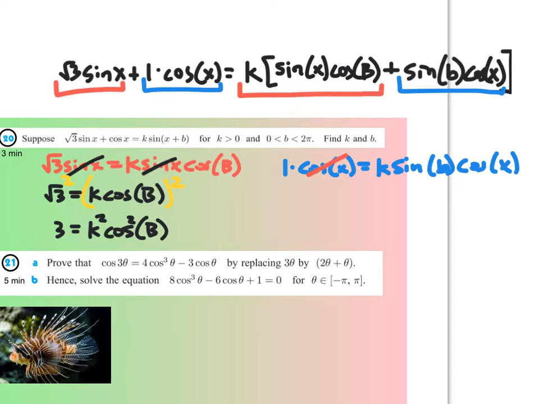So again, cosine x's will cancel. So I get 1 equals k sine of b. I square both sides, and I get 1 equals k squared sine squared b.